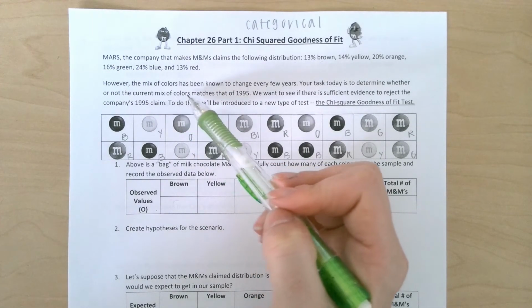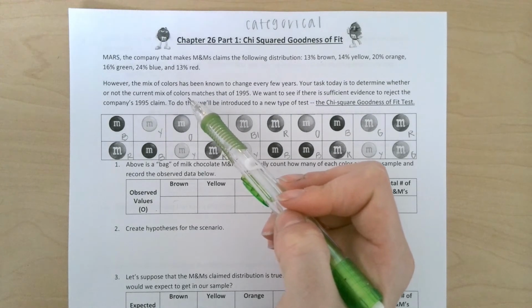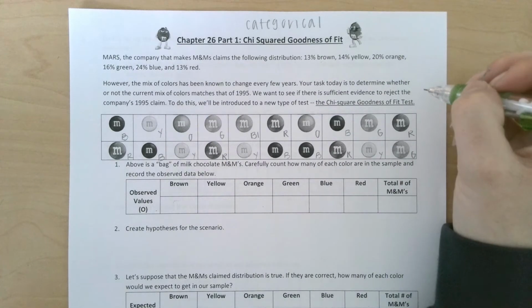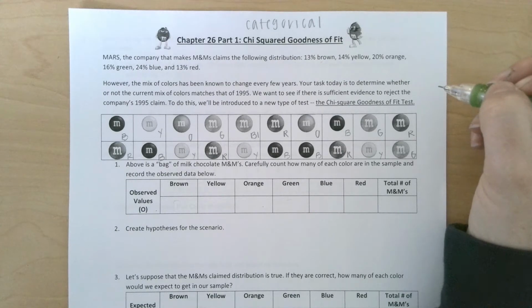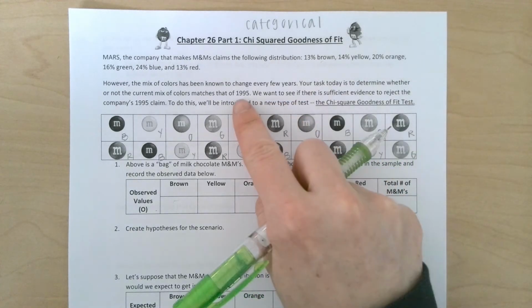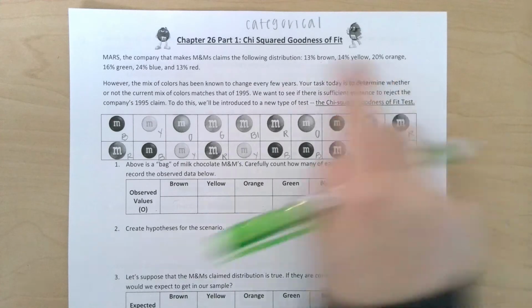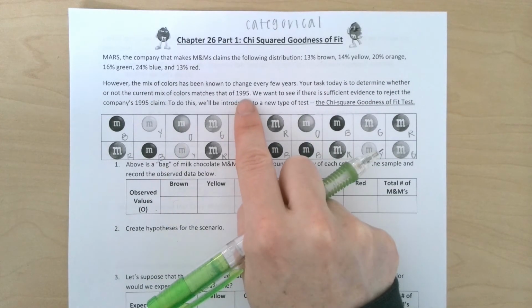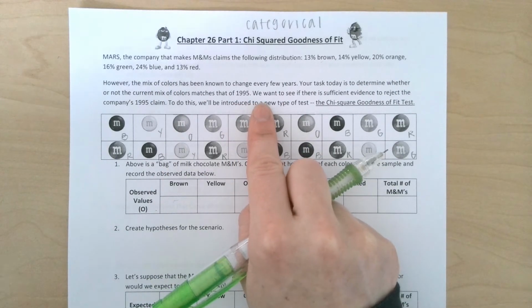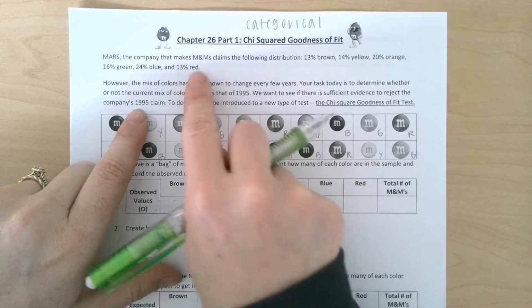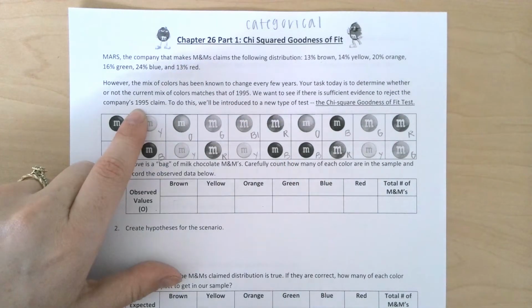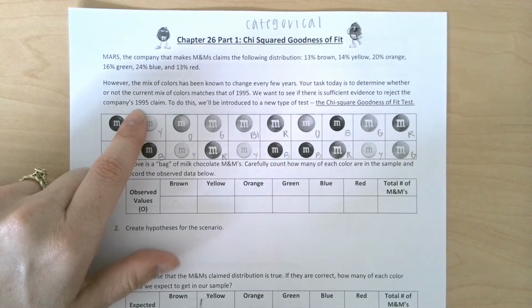However, the mix of colors has been known to change every few years. Our task today is to determine whether or not the current mix of colors matches that of 1995. So that 1995 data is the one that we were given up here. We want to see if there's sufficient evidence to reject the company's 1995 claim. So we're trying to prove whether or not this claim that they made back in 1995 is still accurate.